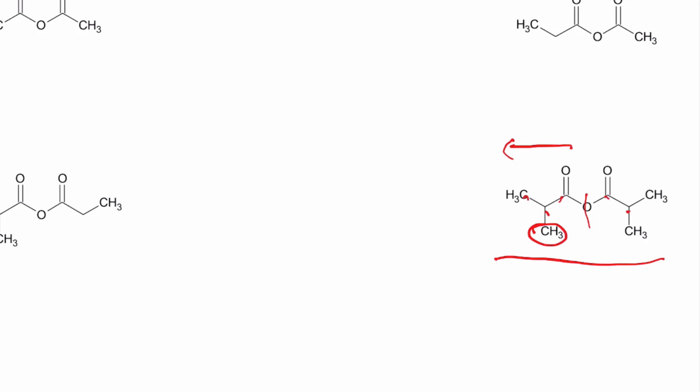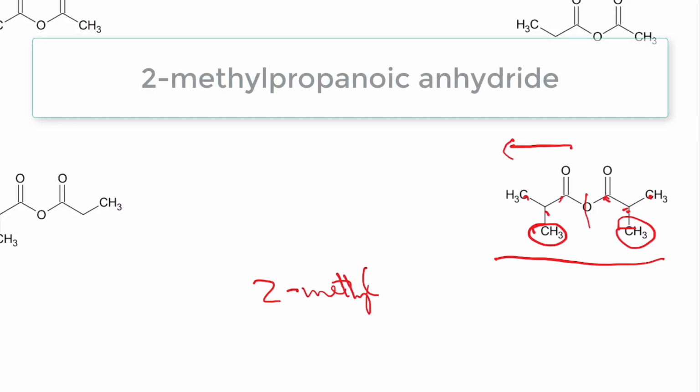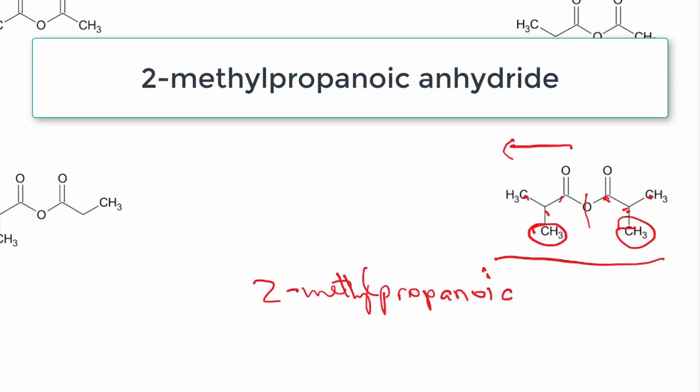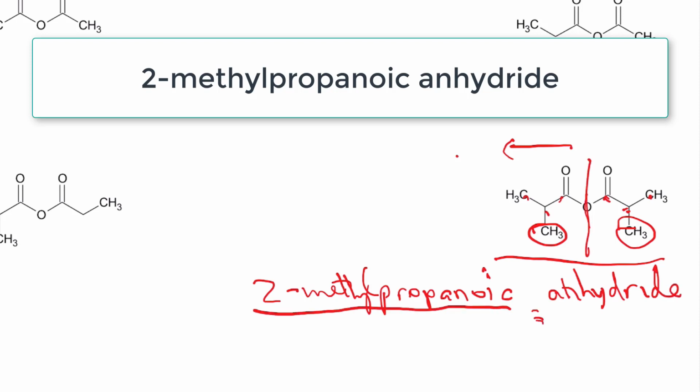But same on the other side. So 1, 2, 3, this is a propane group. In the 2 position is a methyl group as well. So I only have to write it once. 2-methyl propanoic. And then I'm going to say anhydride in the space there. And so this implies then that both sides of the molecule were derived from the same acid.